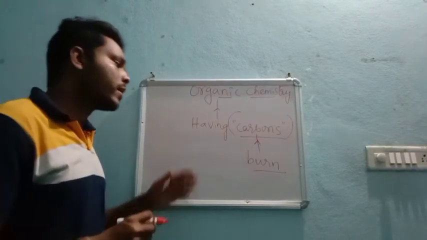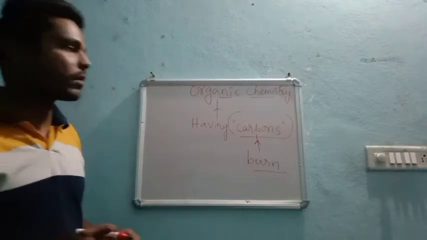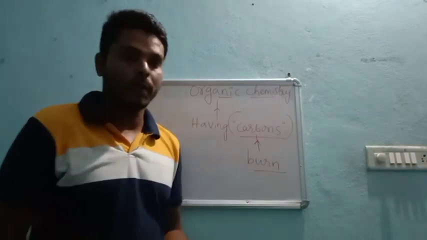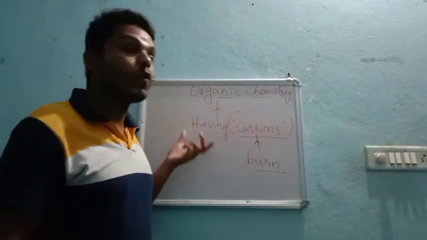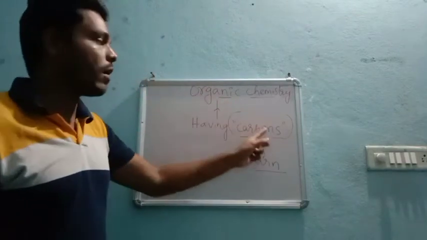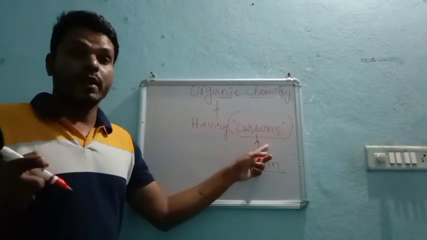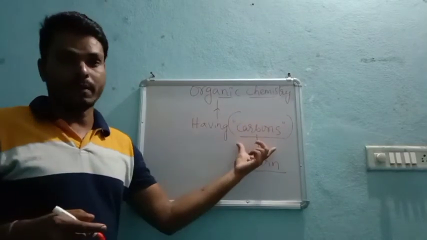If you burn the compounds or matter and they start burning, then definitely those compounds are called organic compounds. That means, indirectly, we can say the compound consists of carbon.